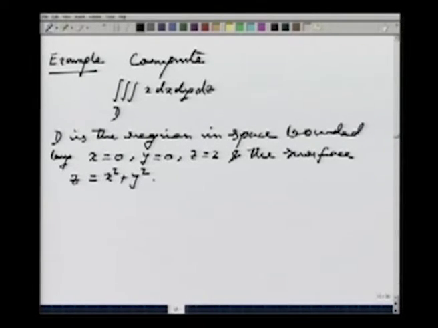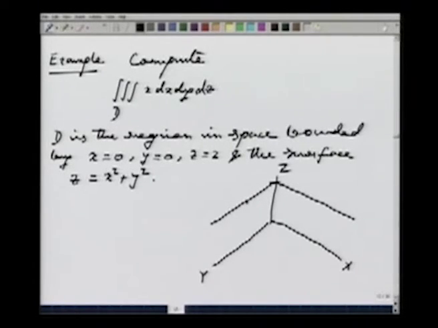Okay. So first let's try to have some idea about it. So this is the z axis, this is the x axis, this is the y axis. So let me write x here, z, y here. So this x axis actually denotes the plane y equal to 0. Let us say this height is 2. So I will draw lines here.